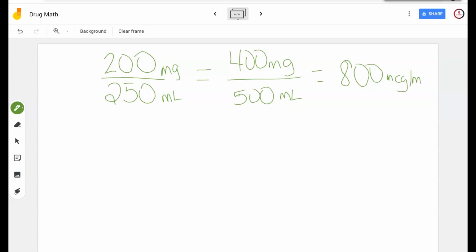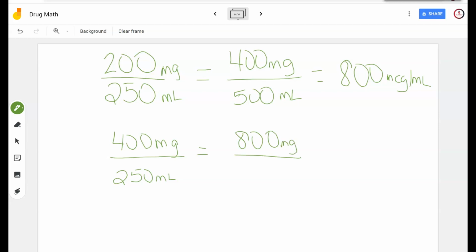Okay. And in that case, we just halved it because there was more medication in the same amount of saline or solution. Yes. Oh, okay, that makes more sense. If it was a different amount, then we'd have to do the whole thing all over again because it would be different.